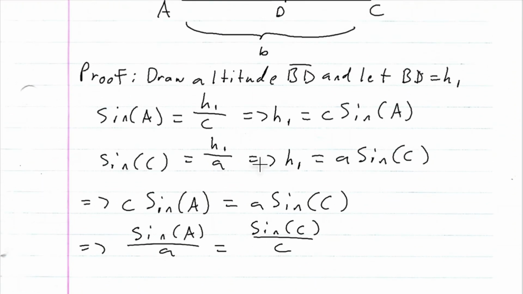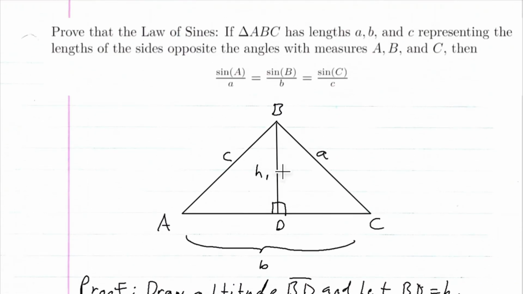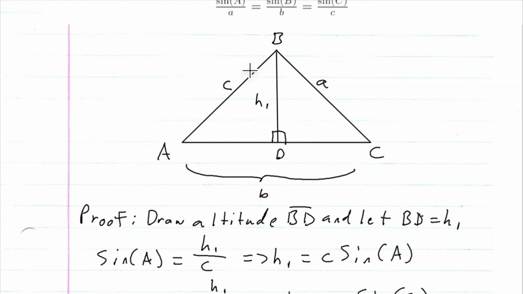So now we're going to draw another altitude, and we're going to call it h2. So here's the altitude we're going to draw. Hopefully I do a better job than the first one. Okay, so we're going to label this point here E, and we'll have this altitude, EC, have a length of h2.